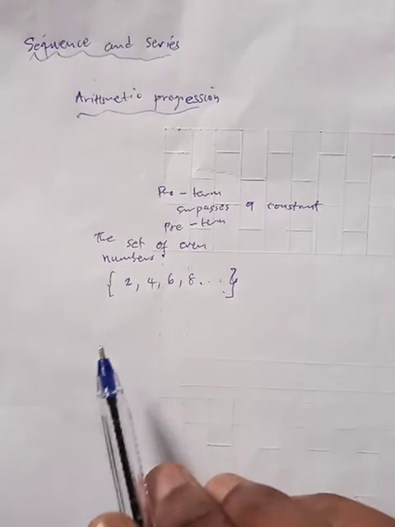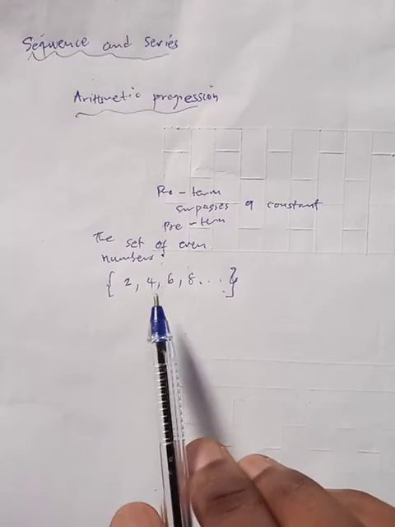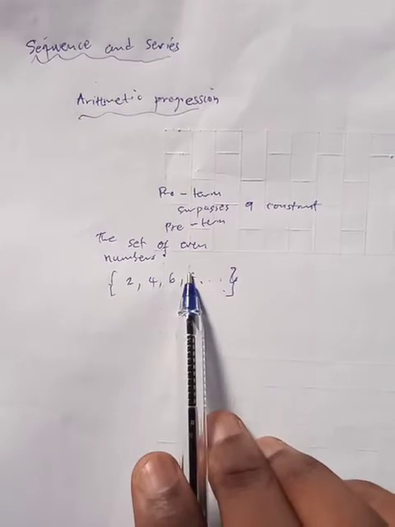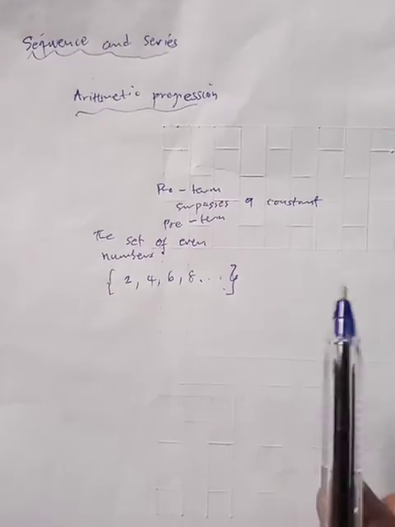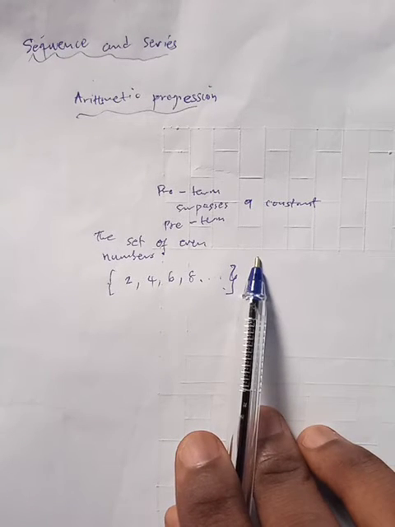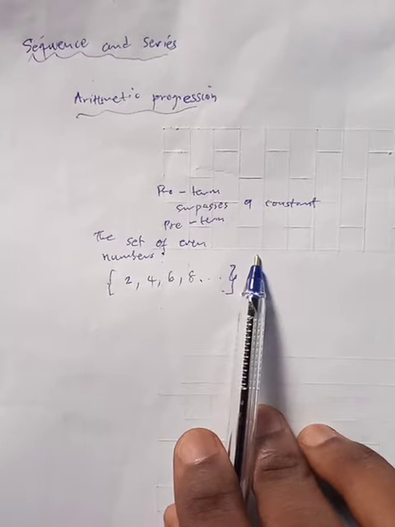Let's move on. So how do we obtain, if I want the first term, second term, third term, fourth term, like if I want the 20th term, how will I get the 20th term? Let's assume you've learnt it already, let's say you know the formula already.